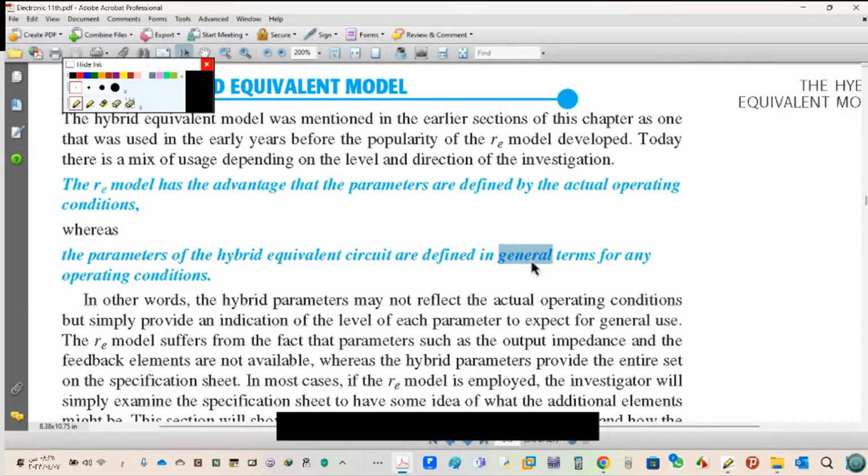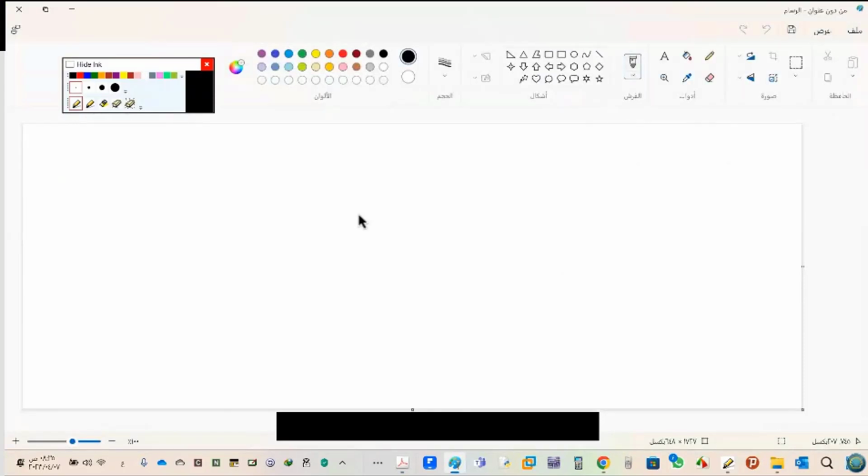Let's explain more. For example, for the re model, we have re for common emitter and re for common base.